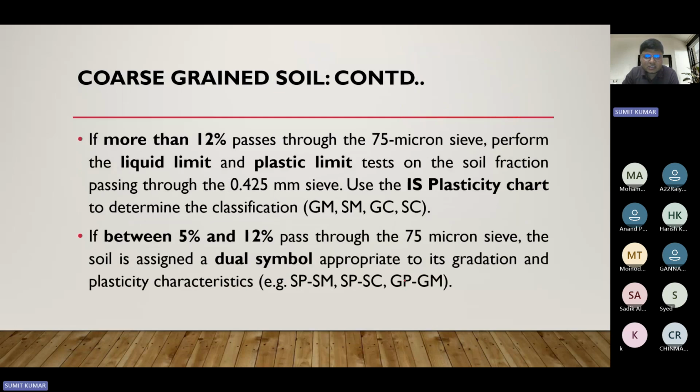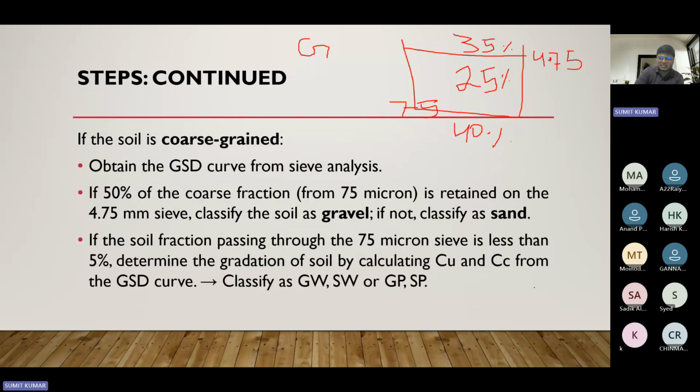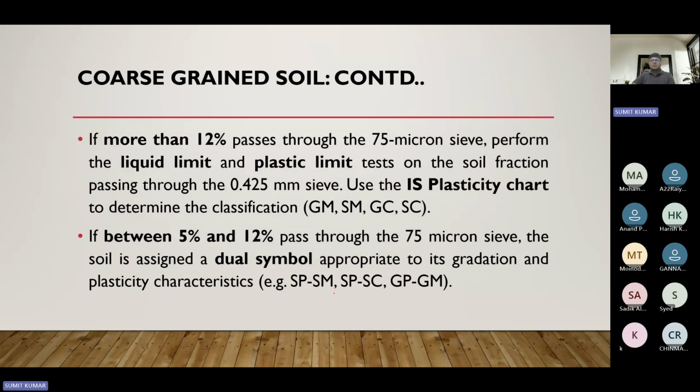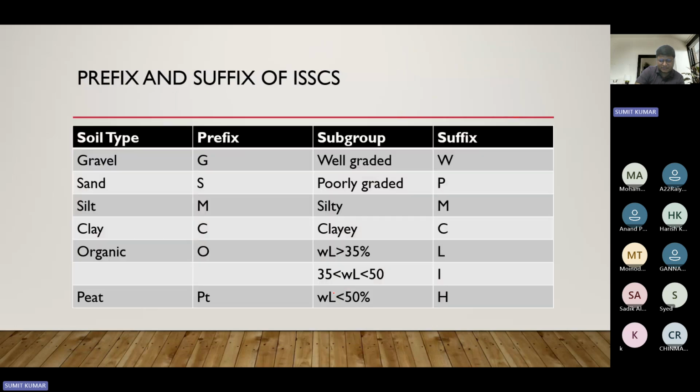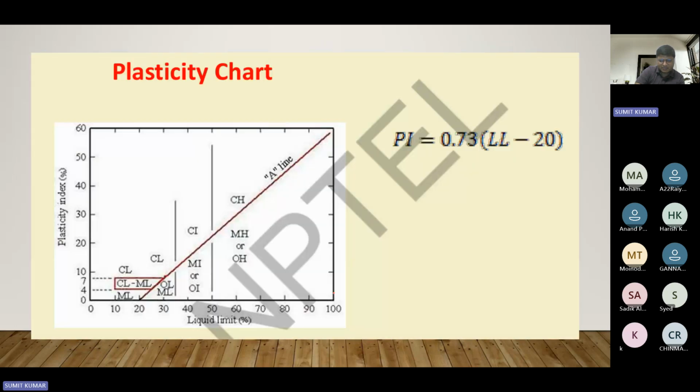Okay. Now, if more than 12% of particles are passing through 75 micron, as mentioned earlier, perform the liquid limit and plastic limit test on the soil fraction passing through 0.425 mm. Use the IS plasticity chart. That is nothing but this chart only, and on the basis of that you calculate the A-line, 0.73 into LL minus 20.